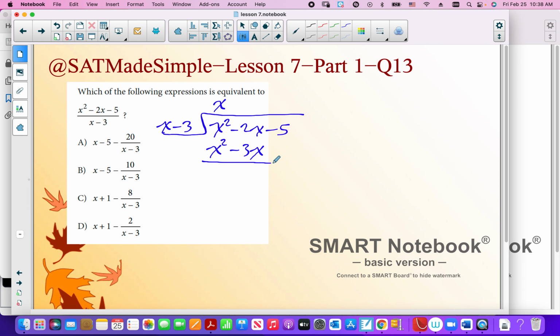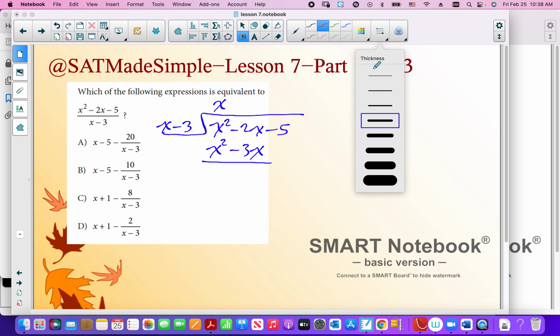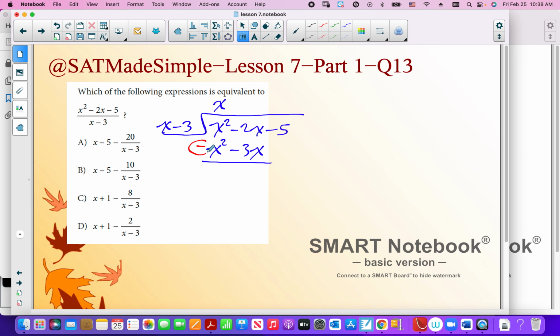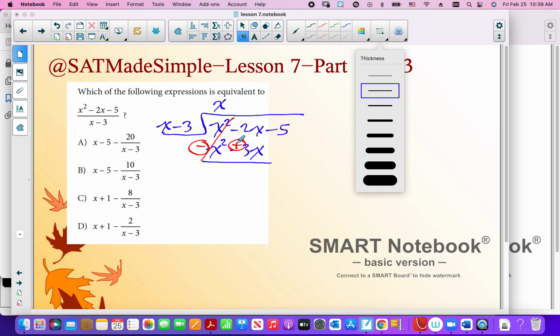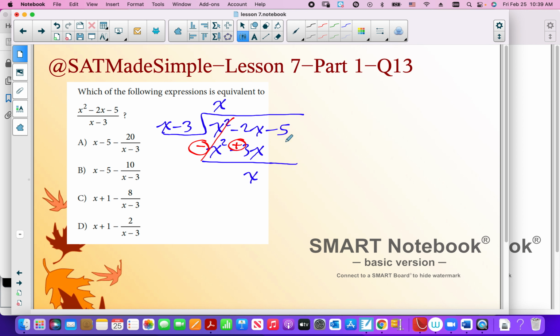We put a line and we change the signs. The positive becomes negative and the negative becomes positive, and then we add. X squared minus x squared is 0, minus 2x plus 3x will give me x.